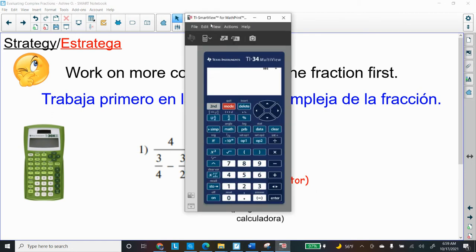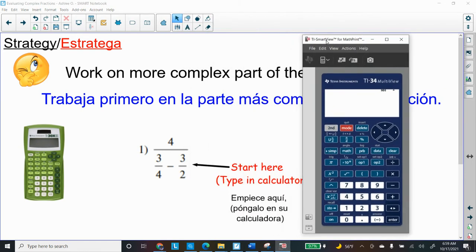So let's get our calculator, so we can type in that fraction. So get my fraction button, and you would use the ABC button. So 3/4, move over, minus, and get my fraction button again. You would type 3ABC2.